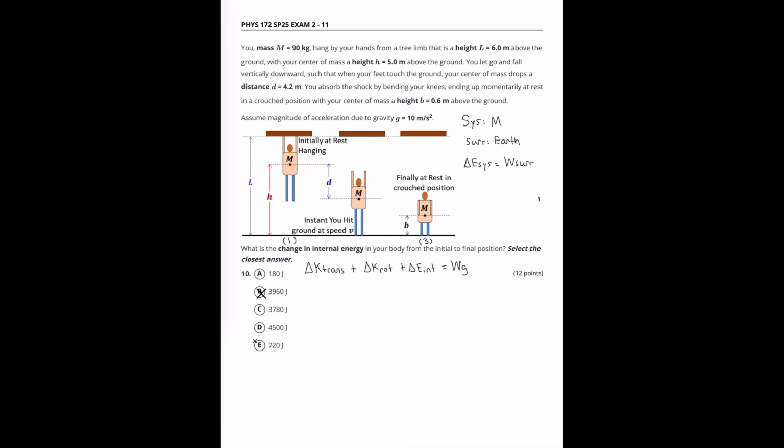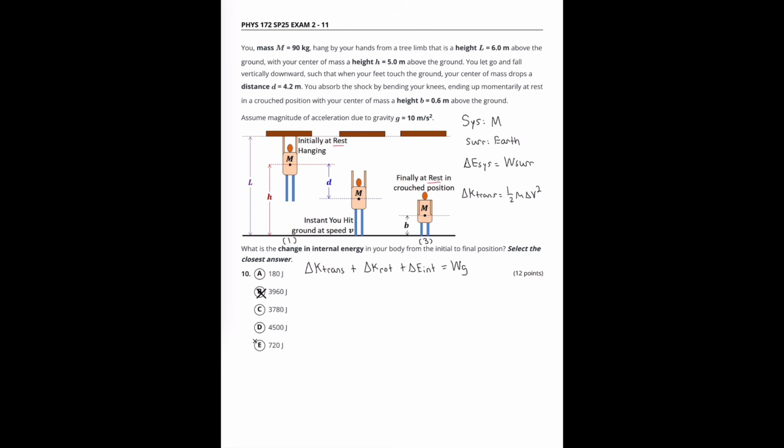We know that another definition for translational kinetic energy is equal to 1/2 m times the change of velocity squared, delta v squared. And we know in this case that we are initially at rest and we are finally at rest.